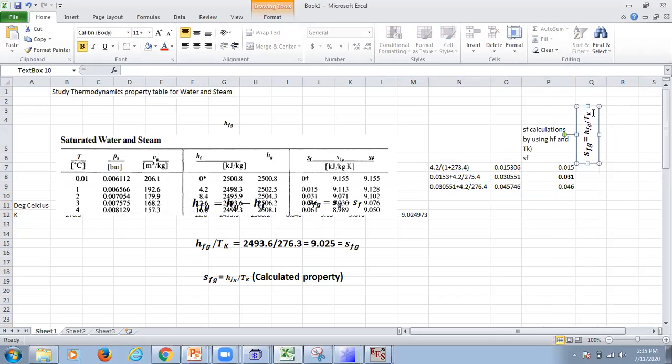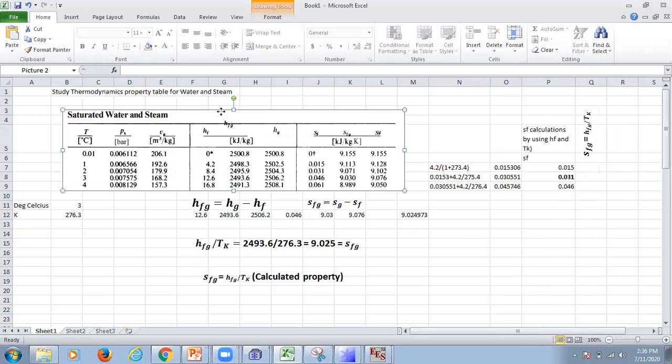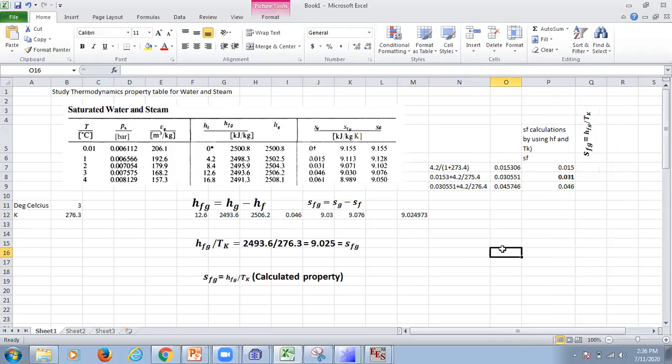As I mentioned, SFG is the calculated property. Yeah, you're familiar with this now. So SFG calculated property, let's say HFG by TK. So I do this way.